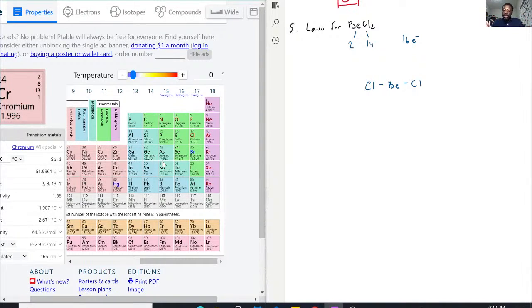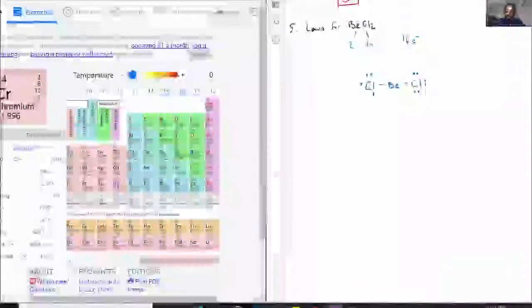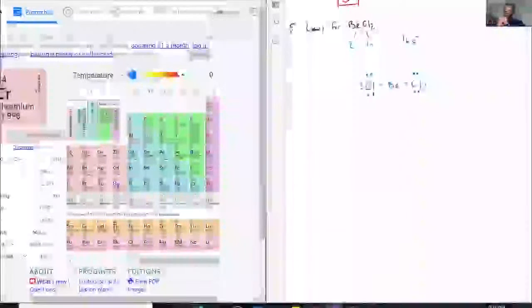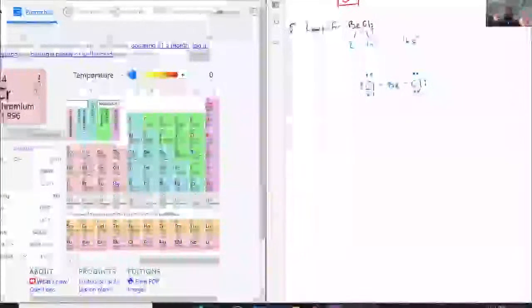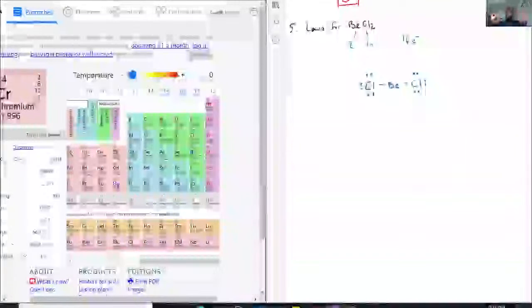For the chlorine, right now in that single bond it is sharing one of its 7. So it'll be 2, 3, 4, 5, 6, 7. Same over here, 2, 3, 4, 5, 6, 7. And now the beryllium, as we said, only has 2 valence electrons, and funny enough, it's already sharing 2 of its 2 electrons. So it's actually done right there.